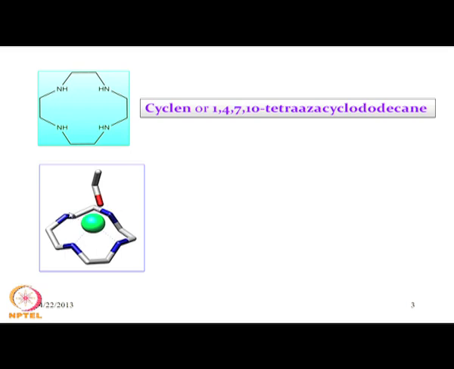So, all 4 nitrogen donor atoms are basically going towards the upward direction. That means this nitrogen is a pyramidal one, because the third bond attached to this nitrogen is the NH bond. So, this is pyramidal, this is pyramidal. So, 4 pyramidal nitrogens are pointing upward, and when these 2 adjacent nitrogens are in the upward direction, you have the downward direction of the backbone, which is trying to coordinate to the metal center.